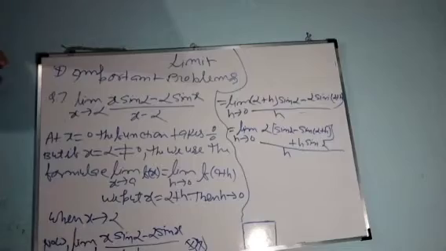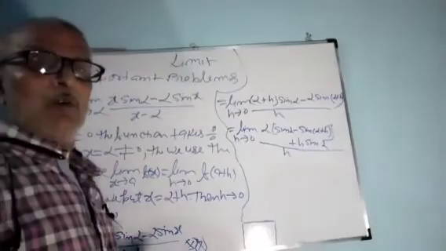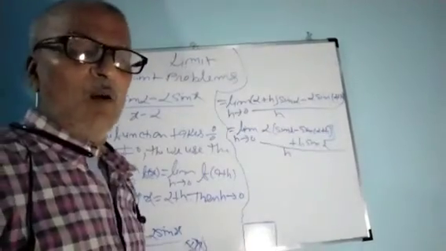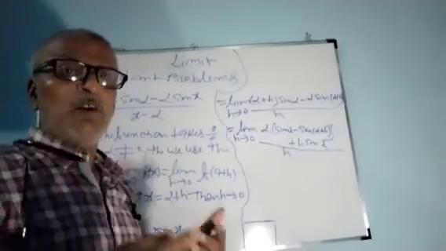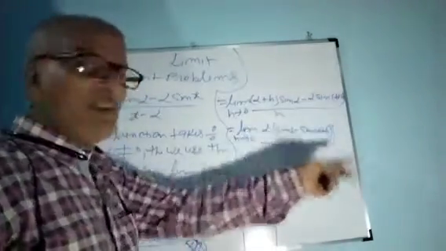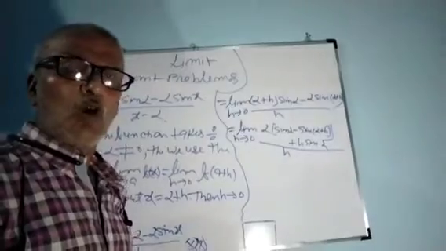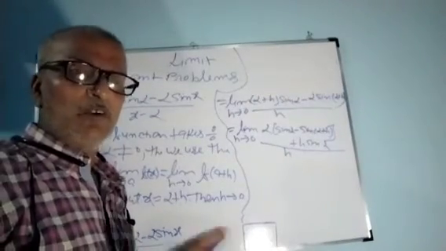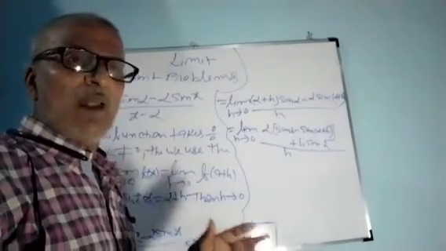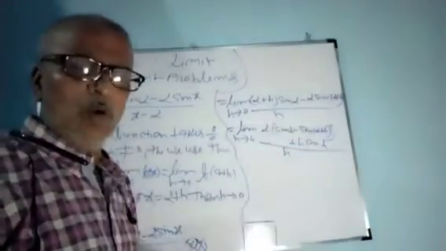Now here we also use a trigonometrical formula. From trigonometry we know that sin c minus sin d is equal to 2 into cos((c plus d) by 2) into sin((c minus d) by 2). We use this formula here.